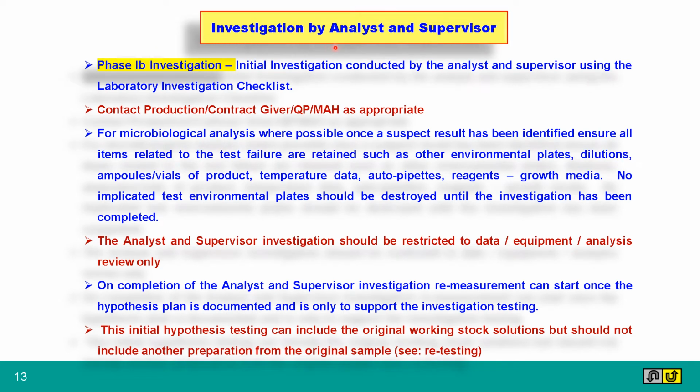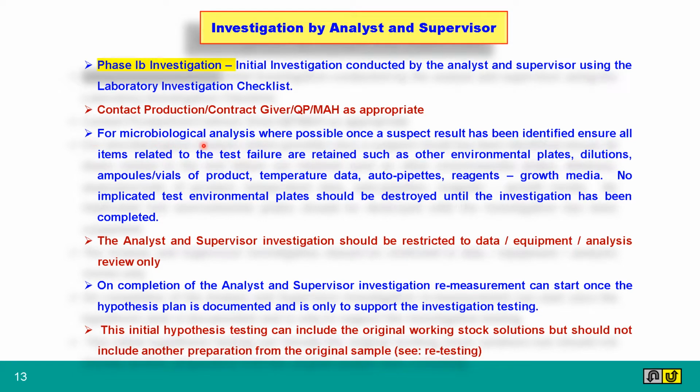Investigation by analyst and supervisor. Phase 1b Investigation. Initial investigation, conducted by the analyst and supervisor, using the laboratory investigation checklist. Contact production / contract giver / QP / MAH as appropriate.